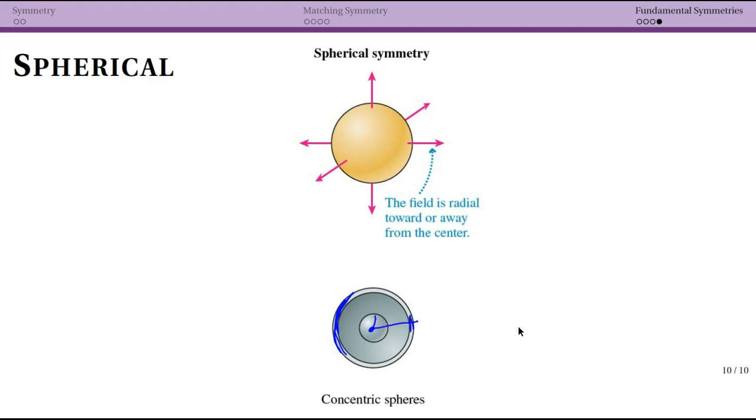So we have two spheres of different radii sharing a center point, and then maybe we put charges on the center one and ask what's happening. Now, maybe we have additional charges on the outer one, but because our charge distribution has spherical symmetry, our field must have a spherical symmetry. So that's again the idea here.